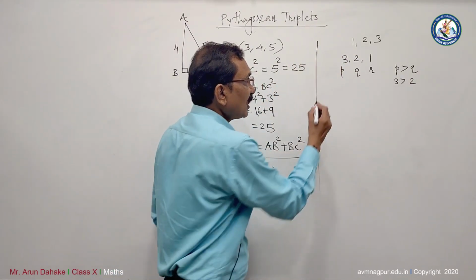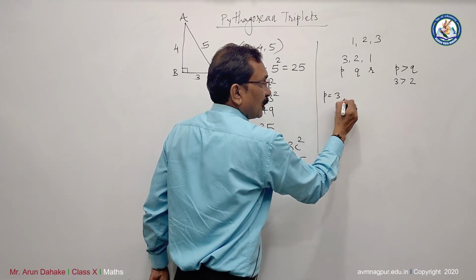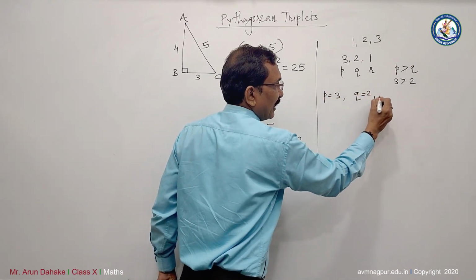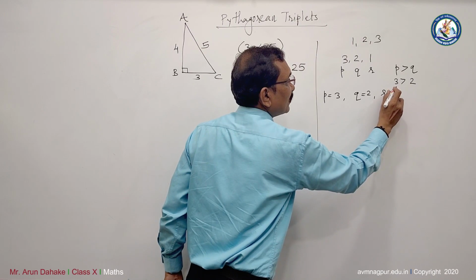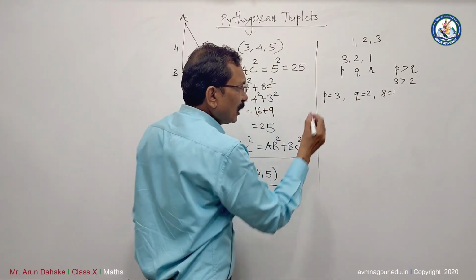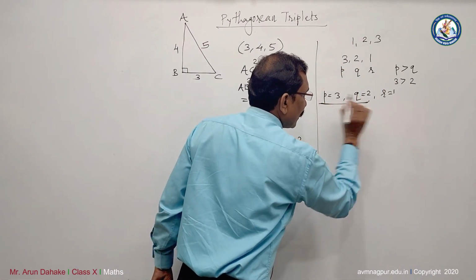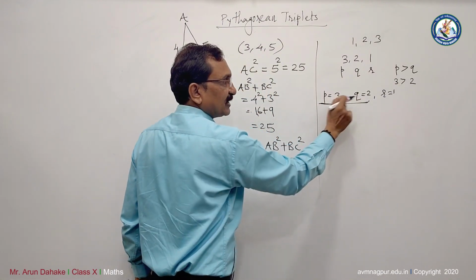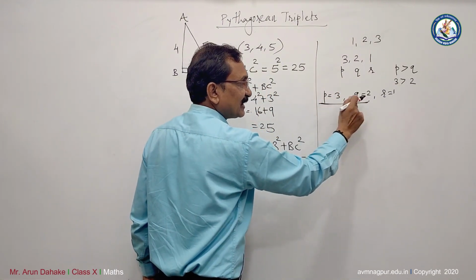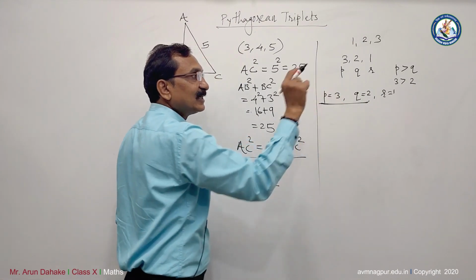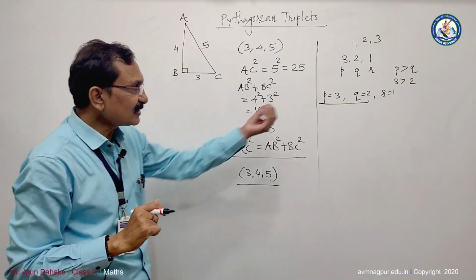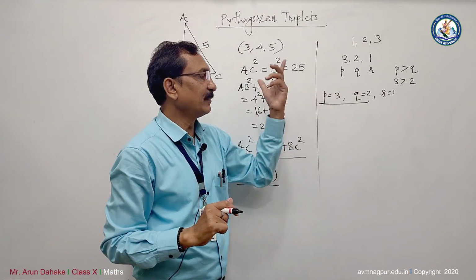Now P is equal to 3, Q is equal to 2, and R is equal to 1, which is the smallest number. Only consider these two. 3 is greater than 2, that means P is greater than Q. This condition is very important. The first number is greater than the second number.